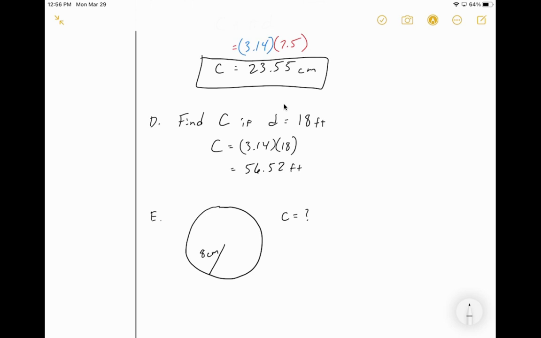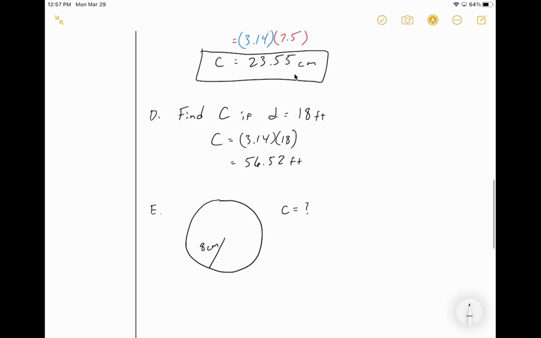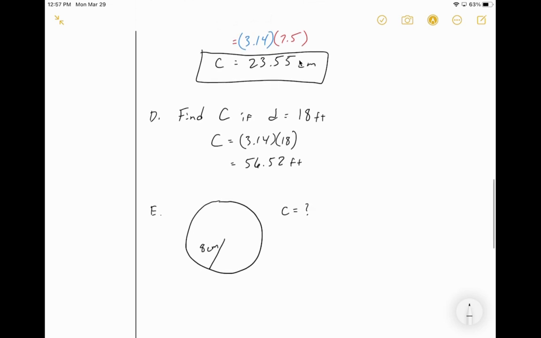All right. If you got 25.12, that is incorrect. What? But Mr. Leong, I just did 8 times 3.14. Isn't that right? Okay. Remember, the formula is pi times diameter. Is 8 centimeters a diameter? No. Remember all we did, right?